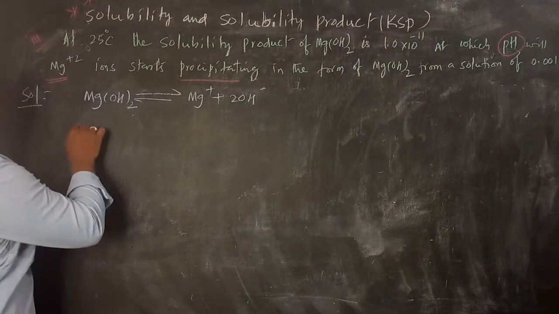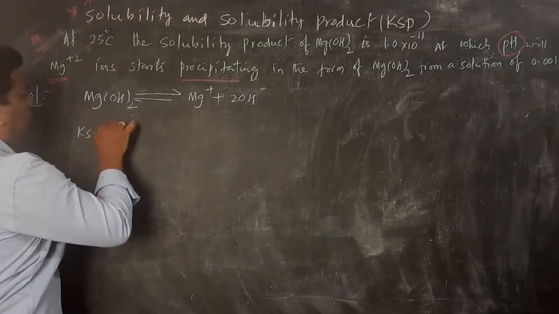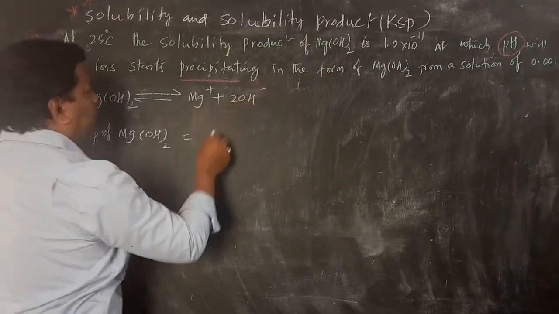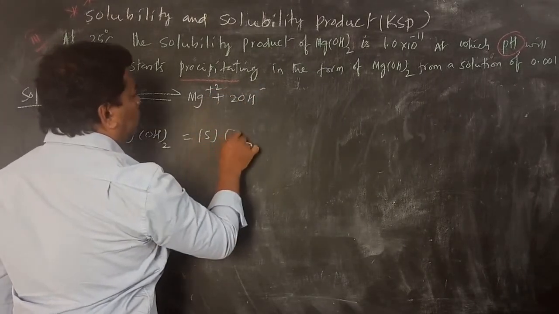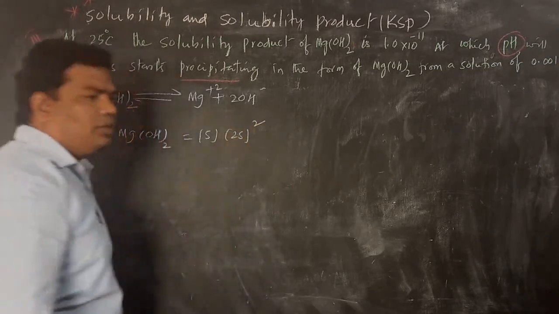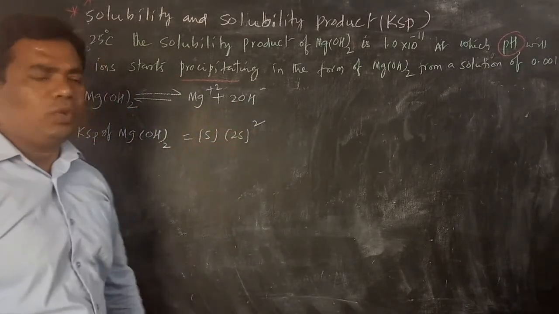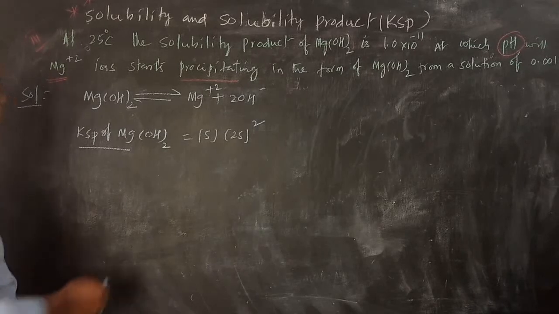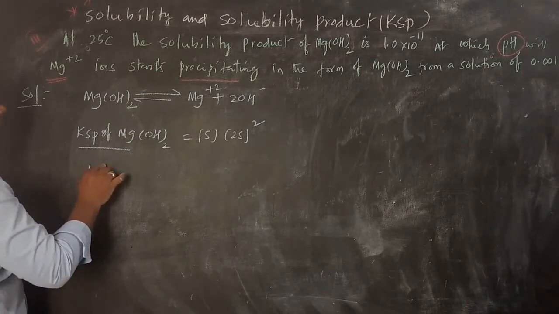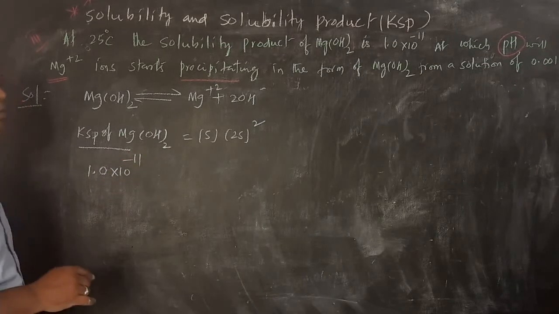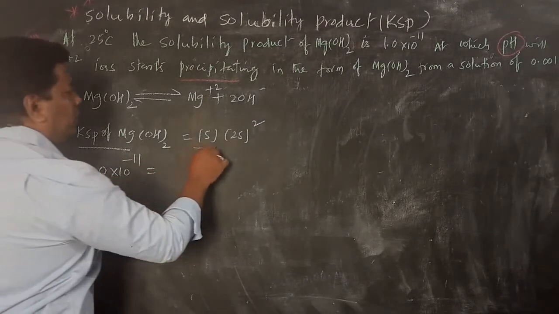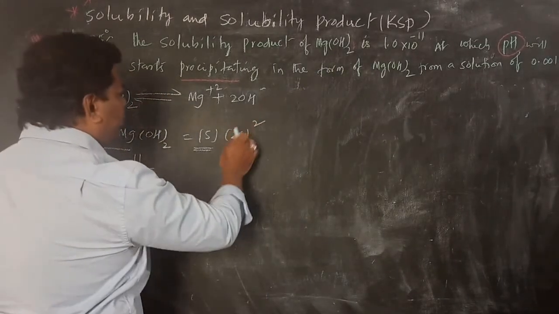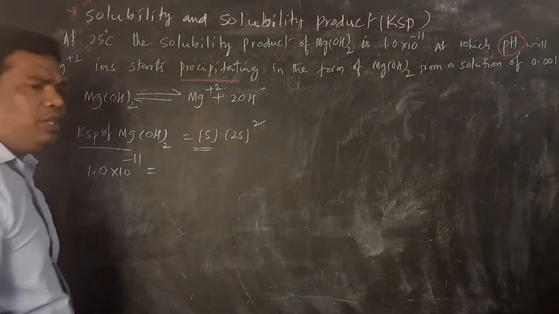We write Ksp of Mg(OH)2 is equal to S into 2S whole square. Already given in the question, the solubility product of magnesium hydroxide is 1.0 into 10 power minus 11. That is equal to the molarity of Mg plus 2 that he mentioned, into OH minus square.